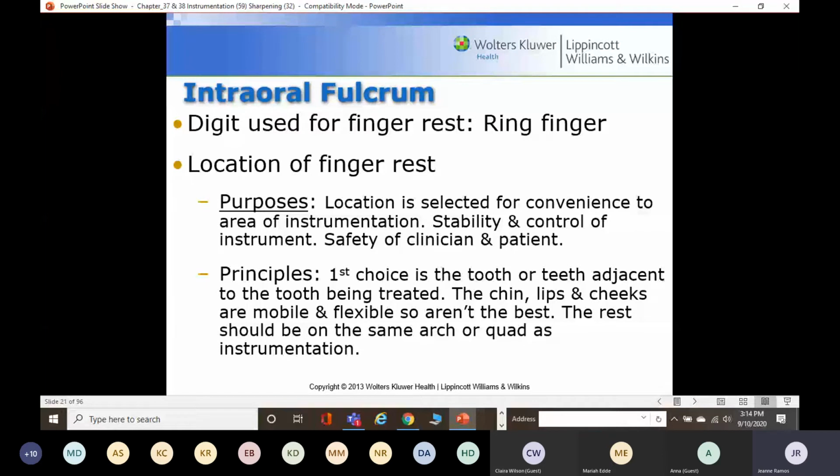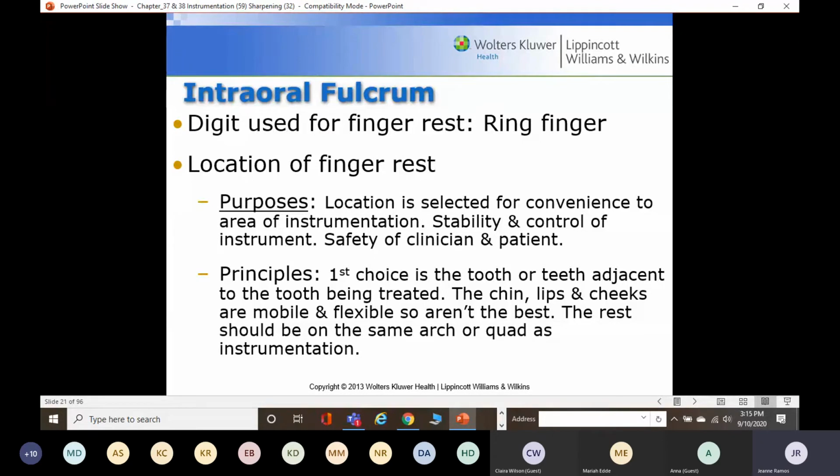And I say sake of your patient because if you can get your instrument positioned more correctly behind the distal of the last molars, you have better fulcruming and wrist action, in other words, strength to pull, use a pull stroke and remove that calculus.